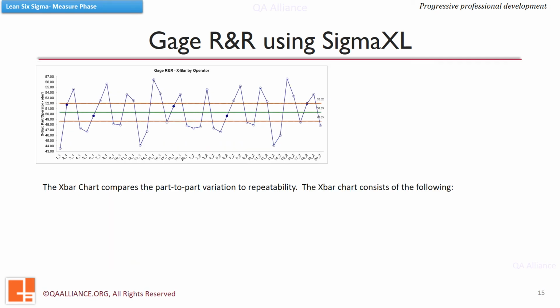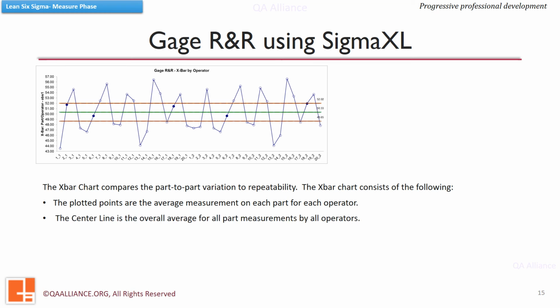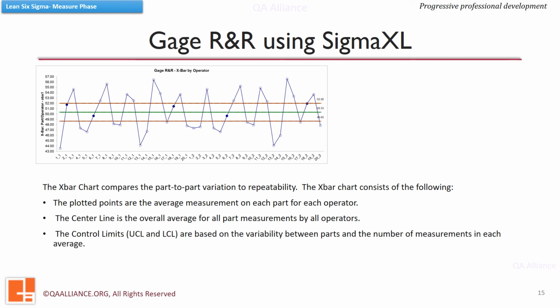Now, the X-bar chart. This chart compares part-to-part variation to repeatability. The plotted points are the average measurement on each part for each operator. Center line is the overall average for all parts by all operators. The control limits are based on the variability between parts and the number of measurements in each average.